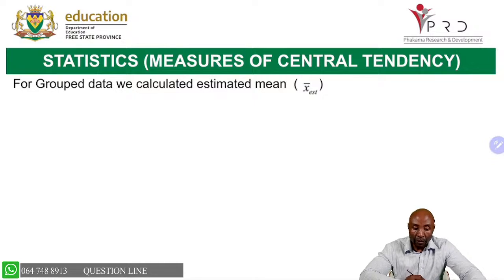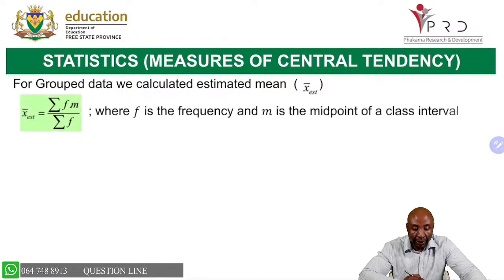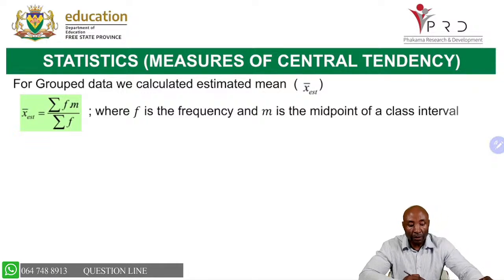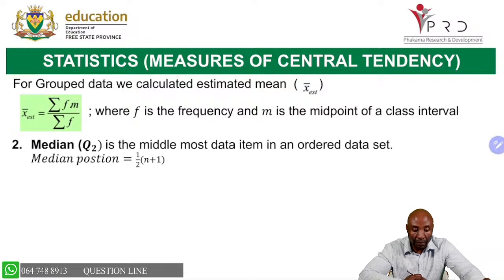Now, for grouped data, we calculate an estimated mean, which is our x bar estimate. Again, we use the frequency multiplied by the midpoint of the interval divided by the total frequency, or the sum of frequencies there, which is known as our cumulative frequency. And we are saying m is the midpoint and f is the frequency for that particular interval.